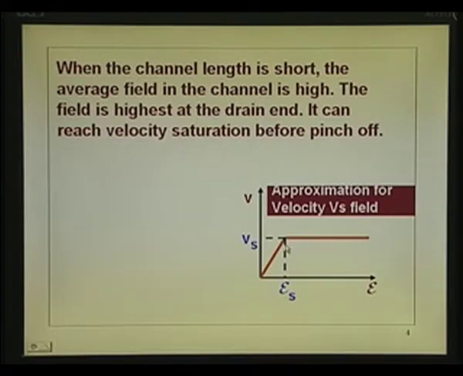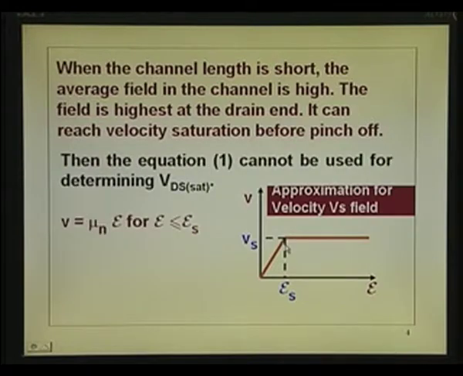Velocity is proportional to the electric field for E less than E s, where E s is the saturation field, and V is equal to the saturation velocity for electric field greater than the saturation electric field.